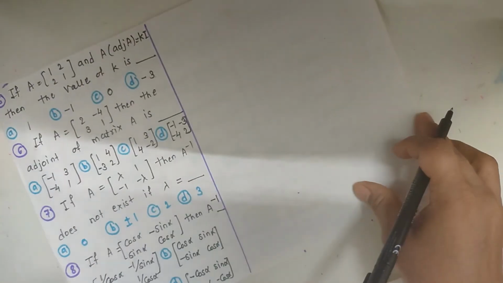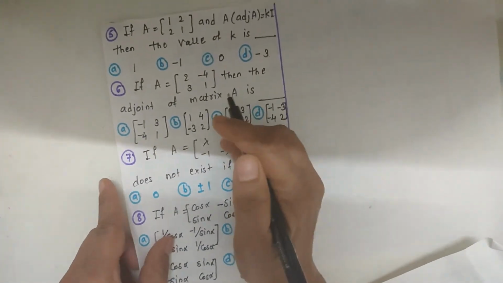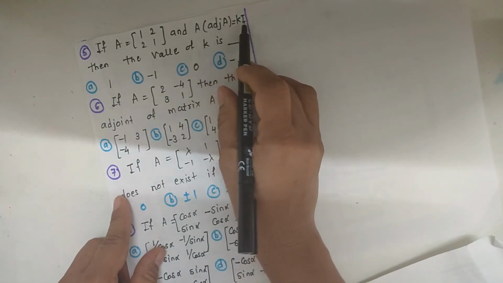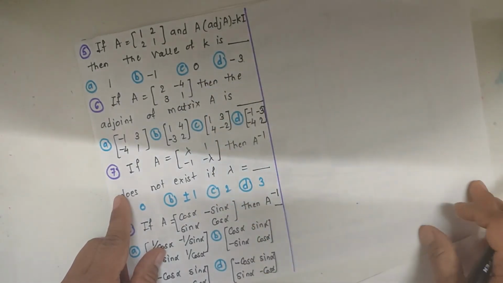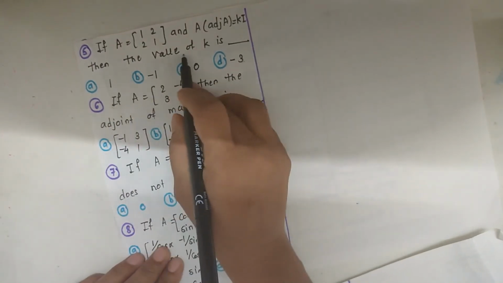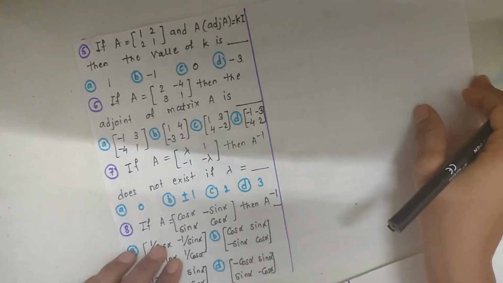Now the next MCQ. If A is equal to the matrix and A into adjoint A is equal to K into I, then the value of K is.